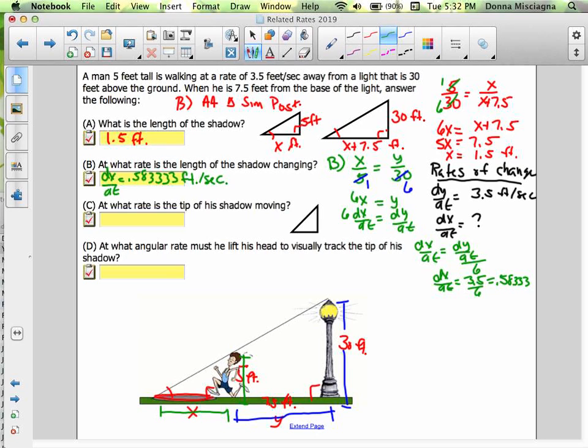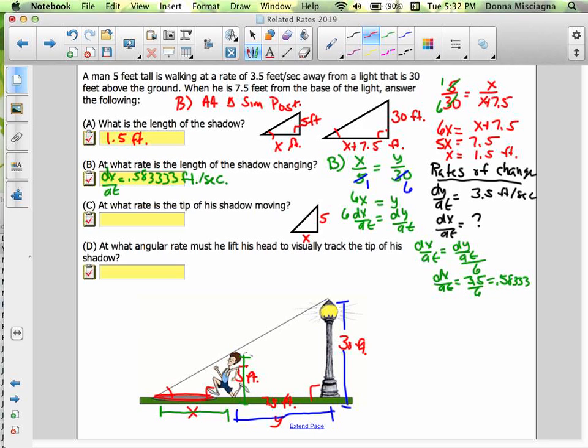At what rate is the tip of the shadow moving? So now, that's not looking at the rate of change in the shadow. That's looking at the rate of change in that whole triangle there. So if we think about the triangle, this was x. This is 5. This is the man.